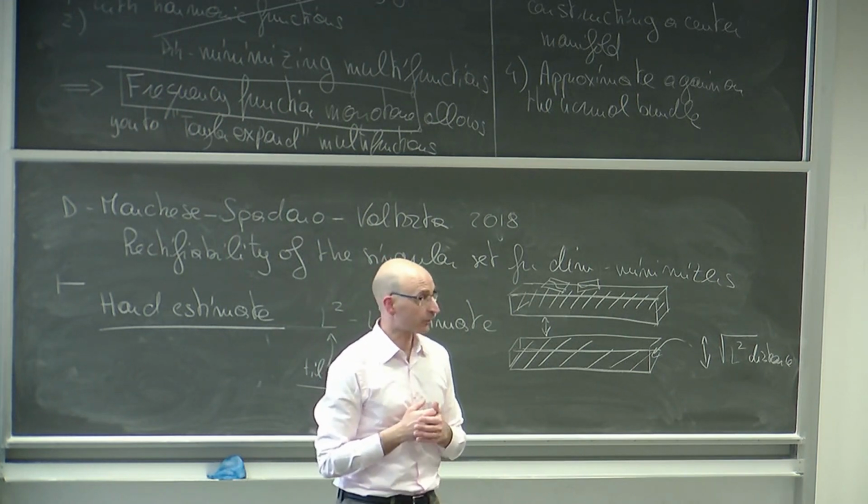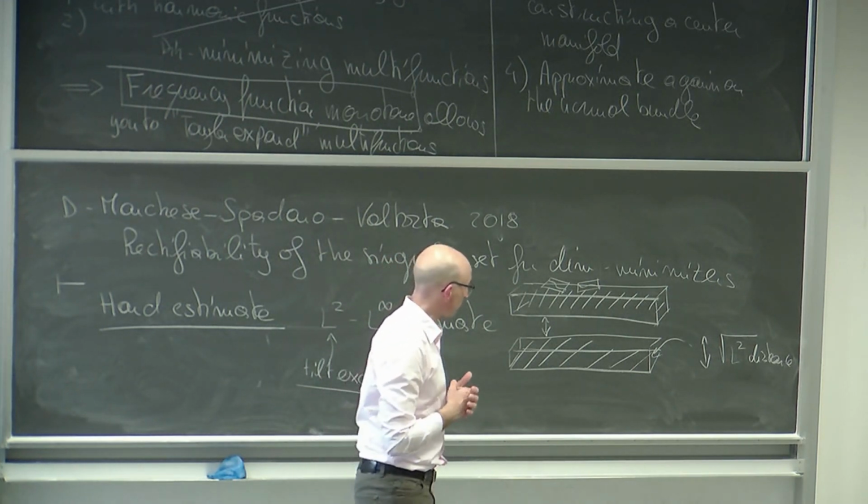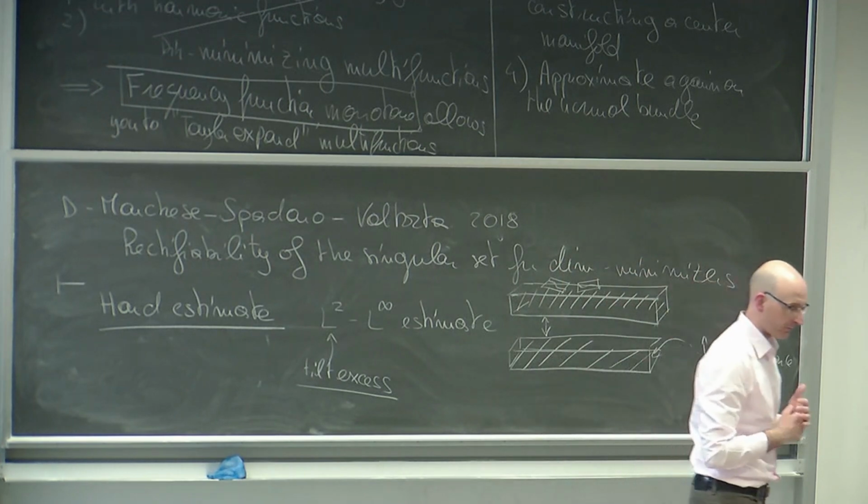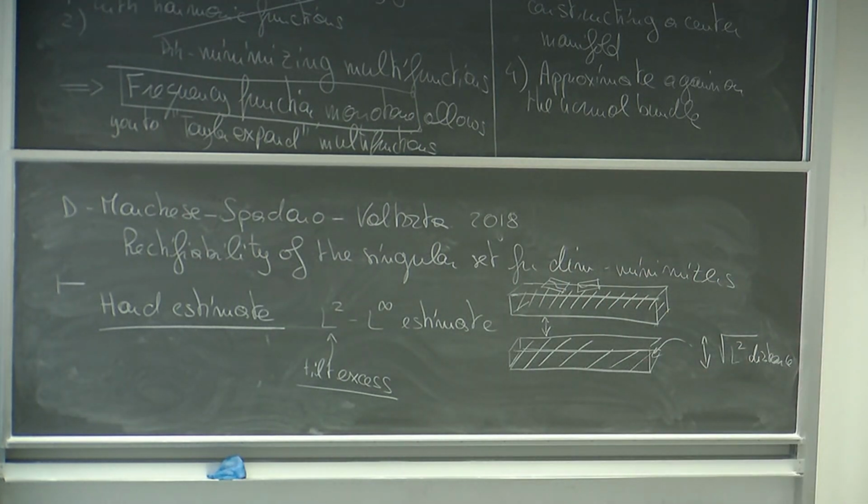In particular, this is something that at the level of cones was discovered by Lawlor back in the 80s. It's in his PhD thesis. So you can get situations in which you see a self-intersection of your surface, and you're actually not able to perturb the self-intersection away.